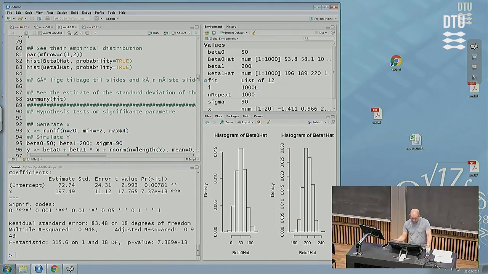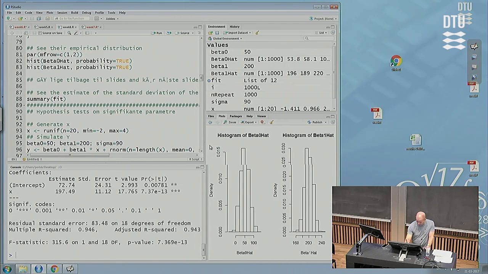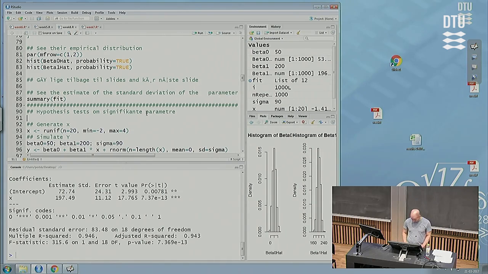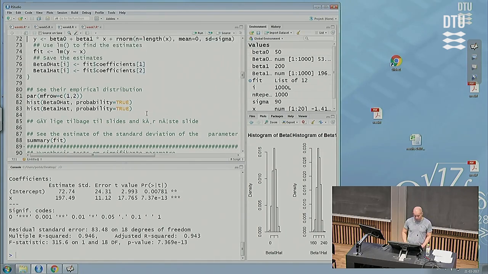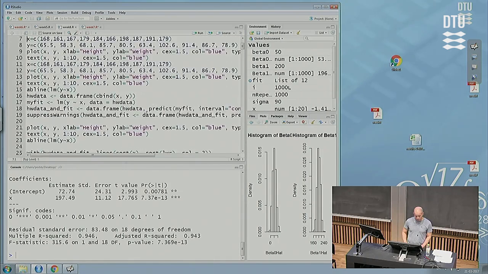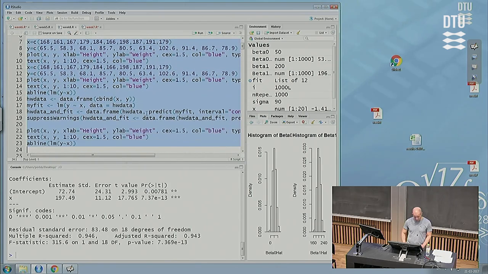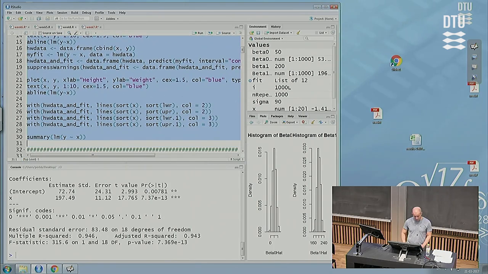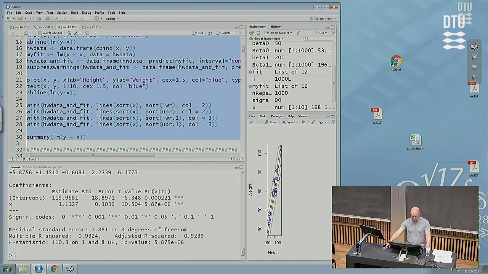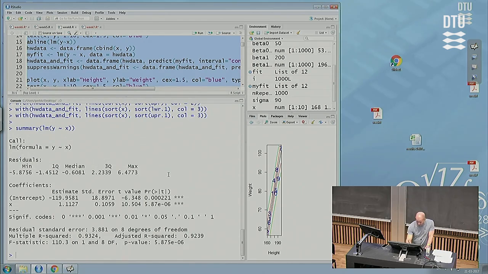Yes, I did. Why don't we do it on the original data here, height and weight, summary, there we are. We looked at it already, now I'm doing it in R.